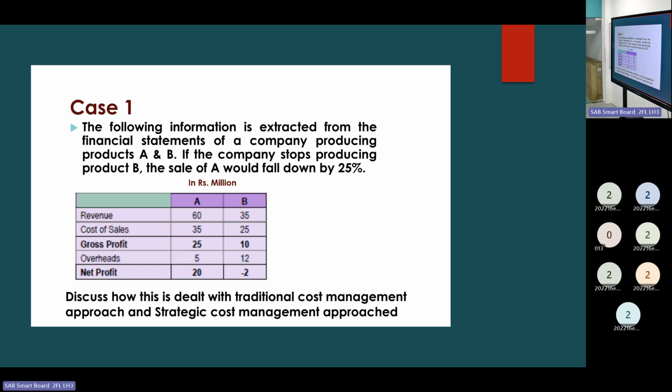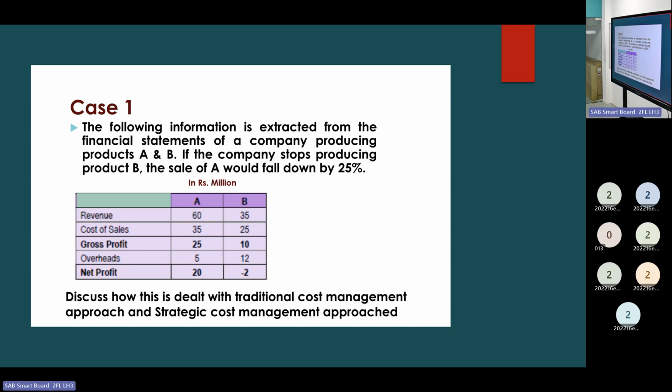Right? Traditionally, A is profitable with net profit 20 million, B net loss 2 million. So you look at the traditional cost management, divisional performance wise. So you would say, okay, better to stop B, right?